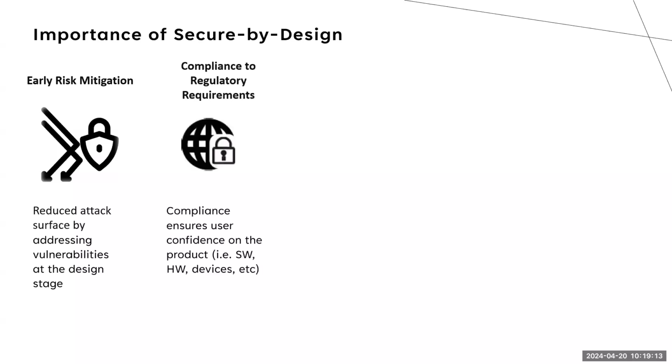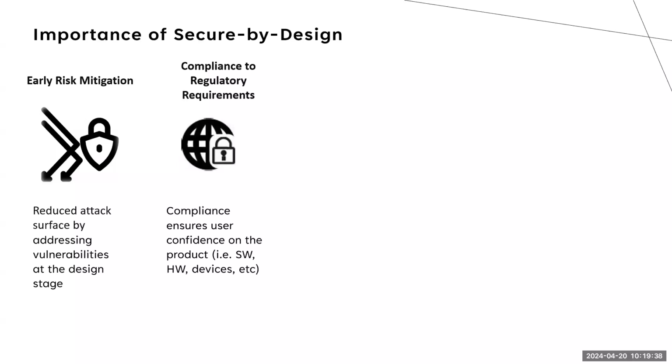We also look at compliance to regulatory requirements. Again, many industries are subject to regulatory requirements and compliance standards related to cybersecurity. One of those, a very common one, is ISO 27001, the Information Security Management System. There are others, for example, for the cloud, they have the CSA or Cloud Security Alliance.